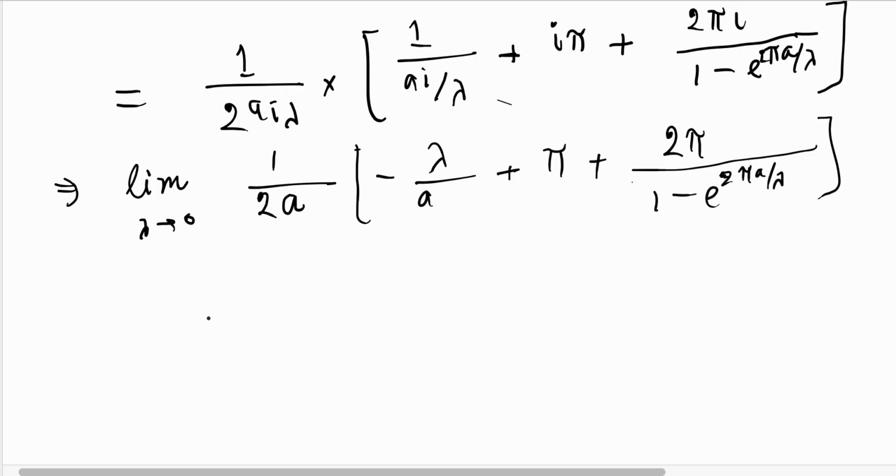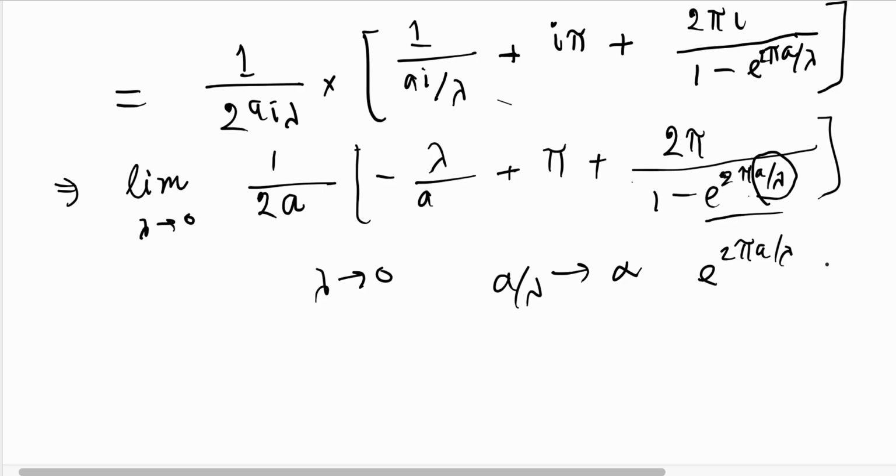Now the beautiful thing is, since lambda tends to 0, that means a by lambda tends to infinity, and if it tends to infinity, that means this whole term tends to 0, because e to the power 2 pi a by lambda tends to infinity.